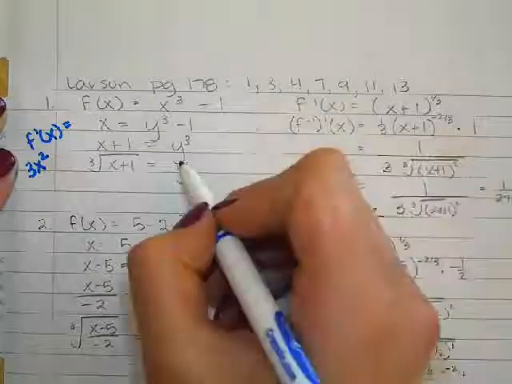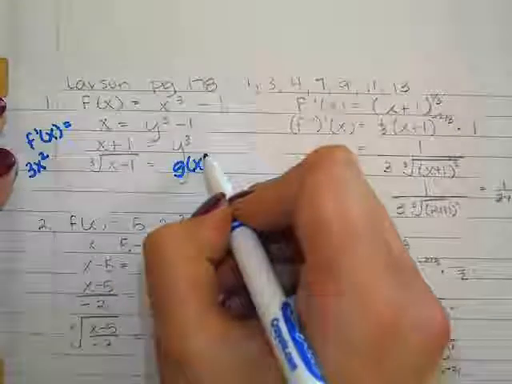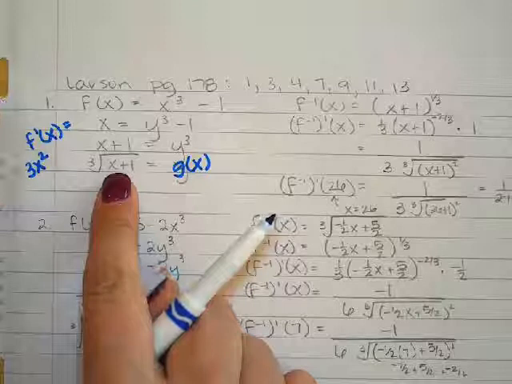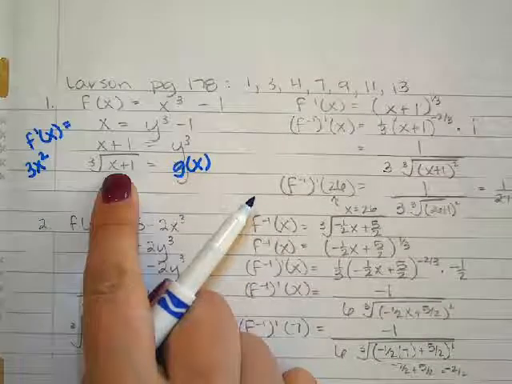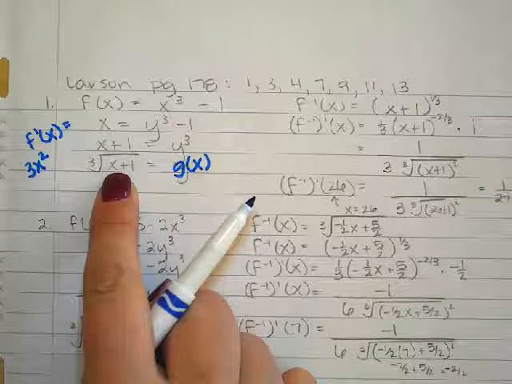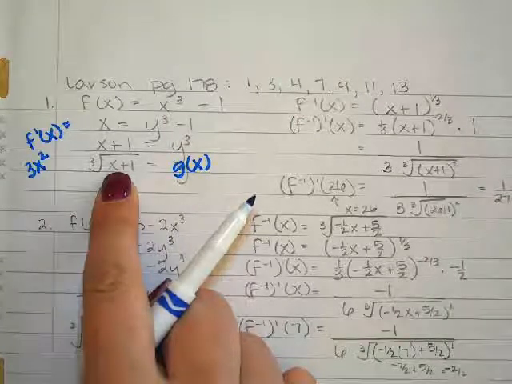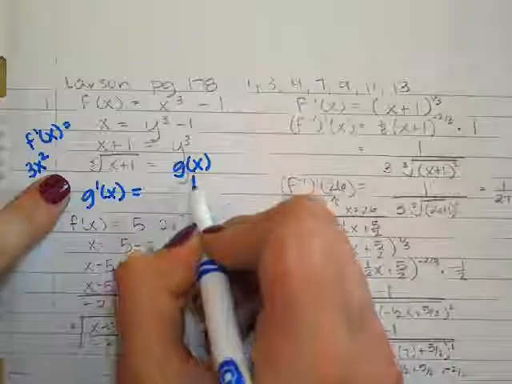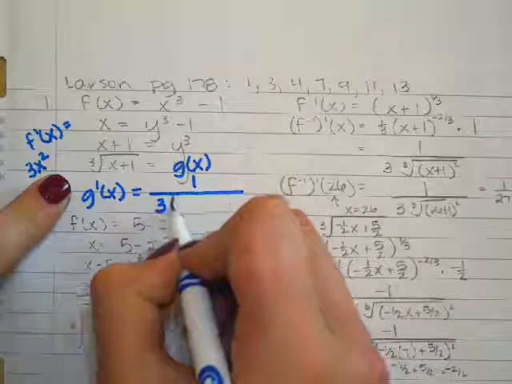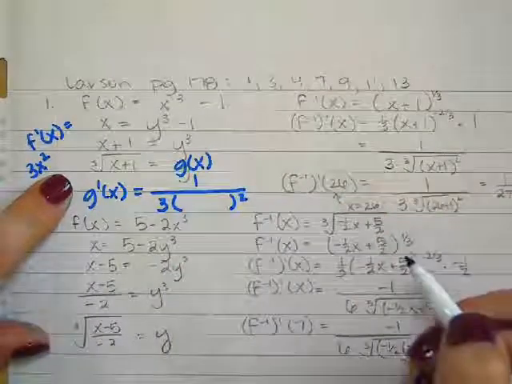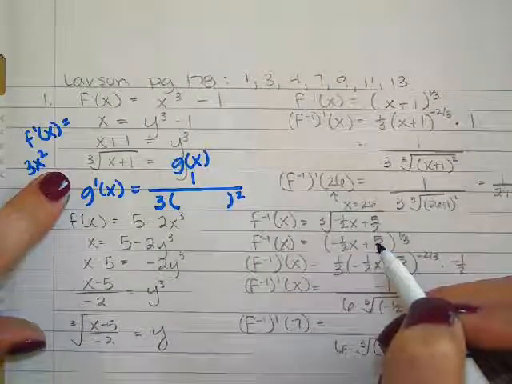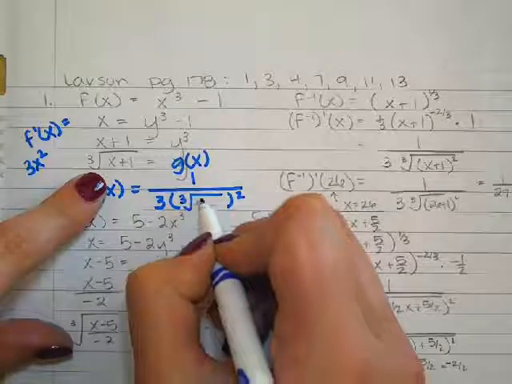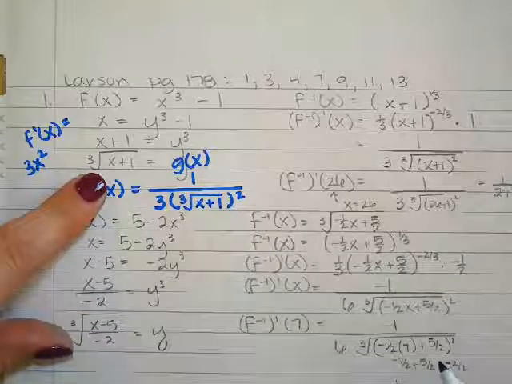And then my g of x is right here. My g of x is right there. And so now I'm going to go ahead and just say g prime of x is 1 over 3x squared. And then inside I can plug in my g of x. And does that match what we got?